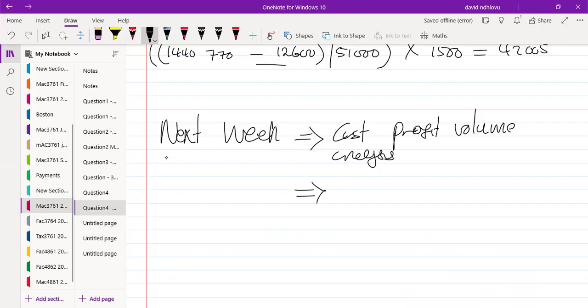So we have CPV, we have direct, we have standard costing, and process costing.